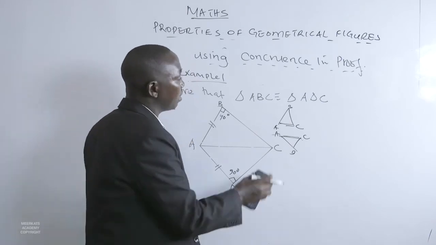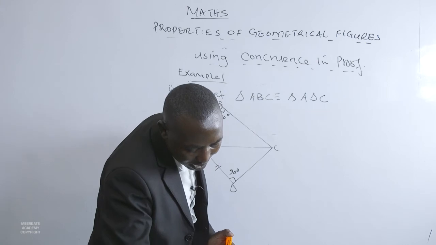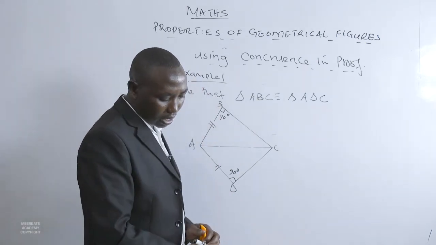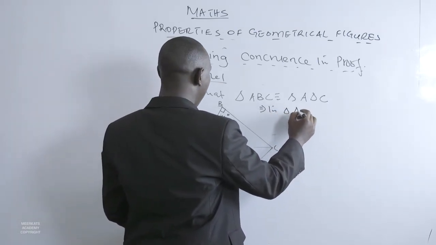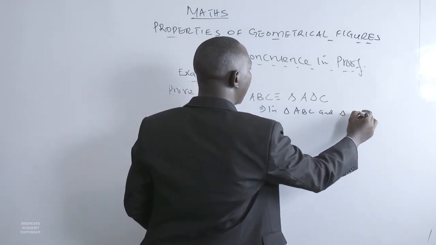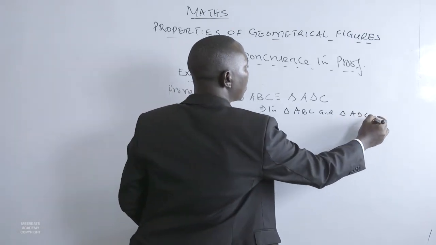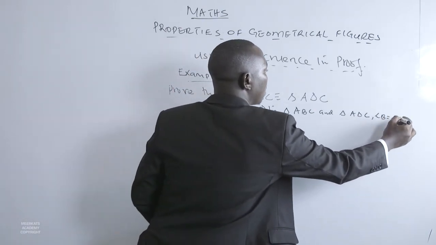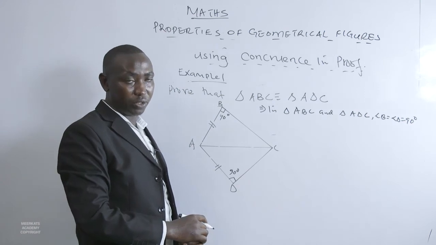So here we are now going to come up with a series of truths or statements. Number one is that in triangle ABC and triangle ADC, we have angle B equals angle D, which equals 90 degrees.